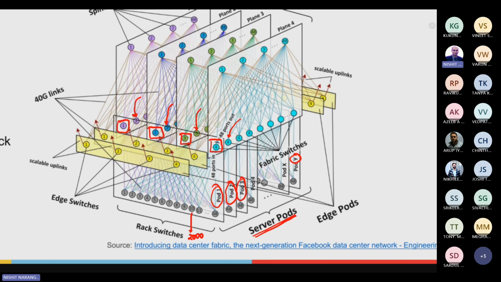Now, what have I done? I have taken Y fabric switches, and all 4, fabric switch 4, Y of them I've taken and put into another plane, okay, where I have 48, now we called it super spine, 48 super spine switches, and these Y fabric switches are getting connected to the 48 super spines.